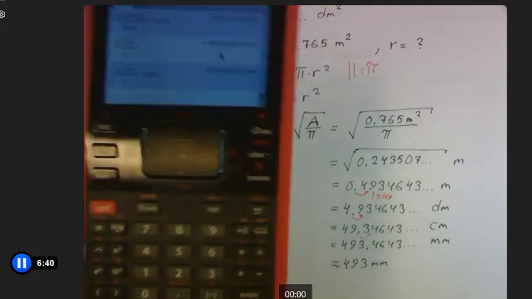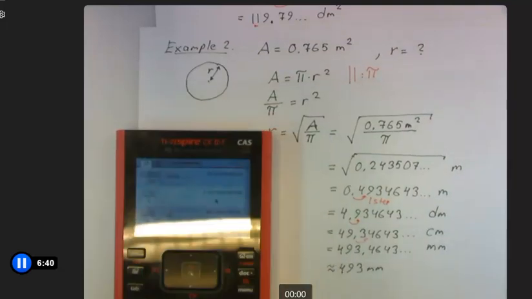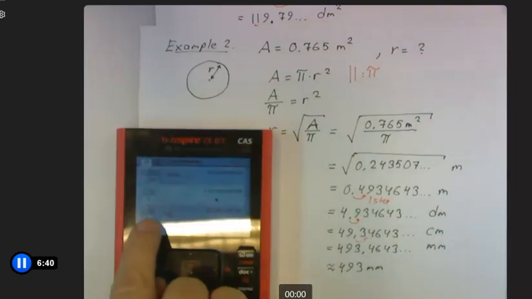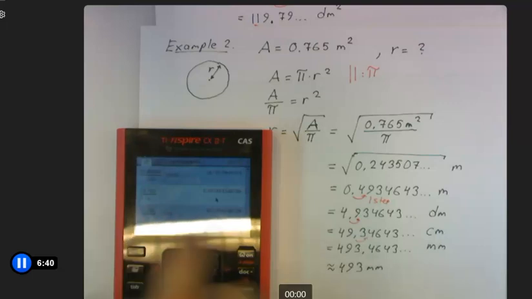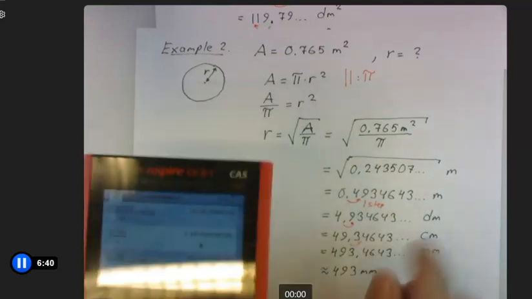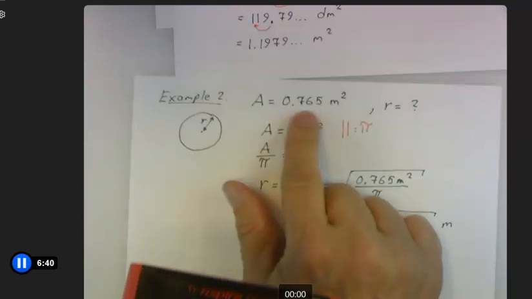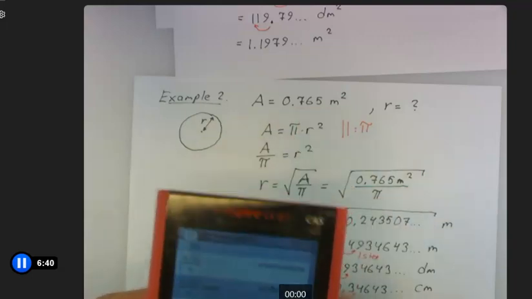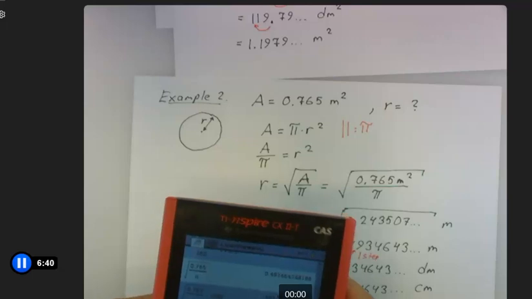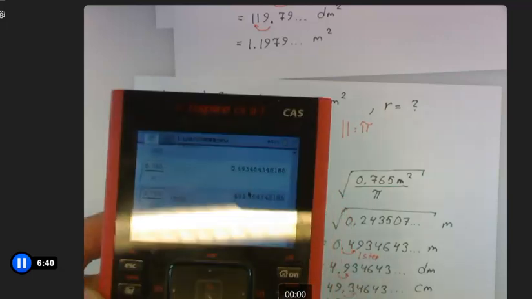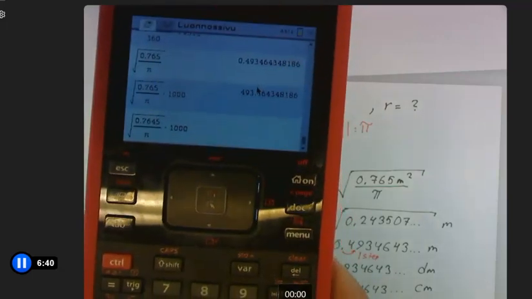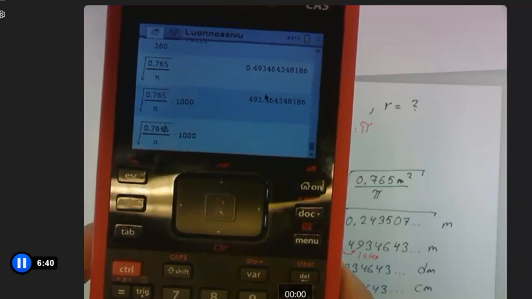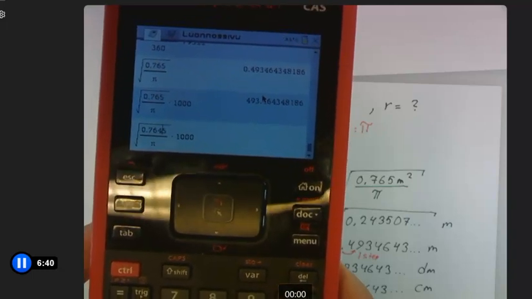And now if this value there, 0.765, is rounded to 3 decimals, it means that maybe the correct value could be this kind of value, 0.7645.